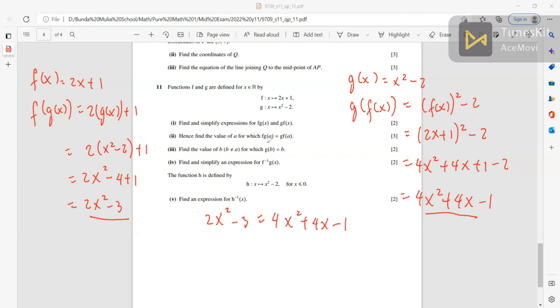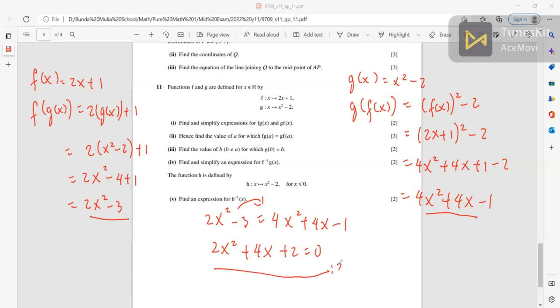But here it asks you to change it to become a. Okay, let us just change it later. So I move everything to the right. So it becomes 2x squared plus 4x plus 2 equals 0.